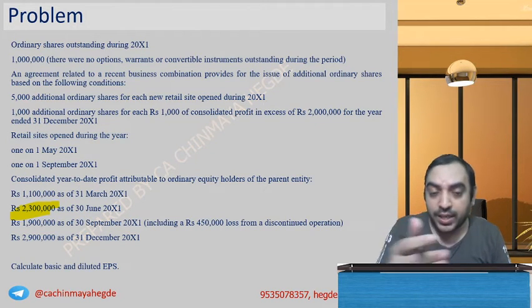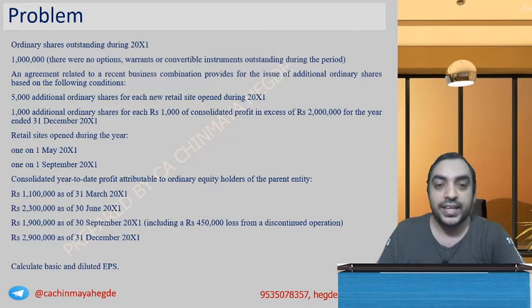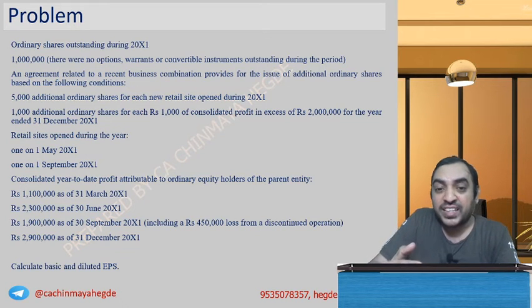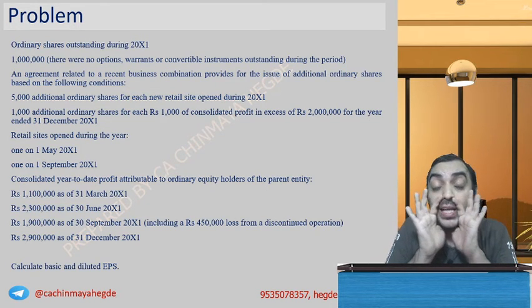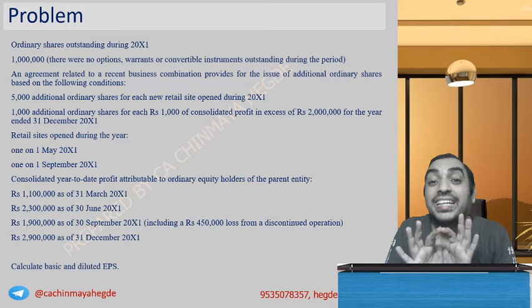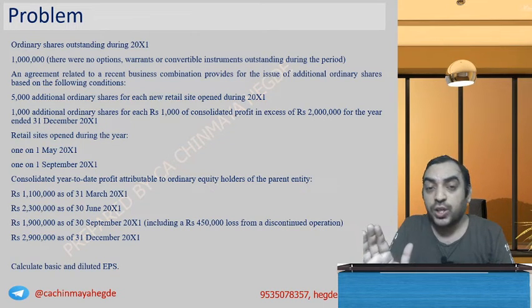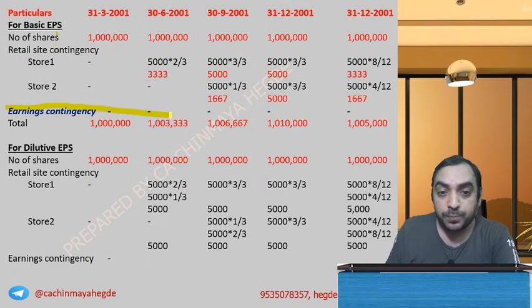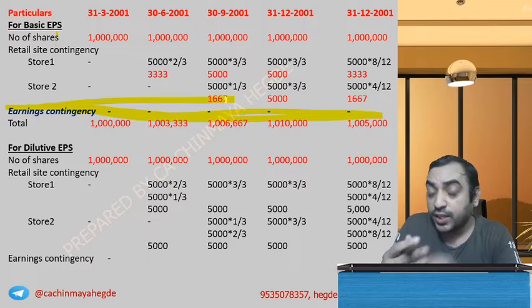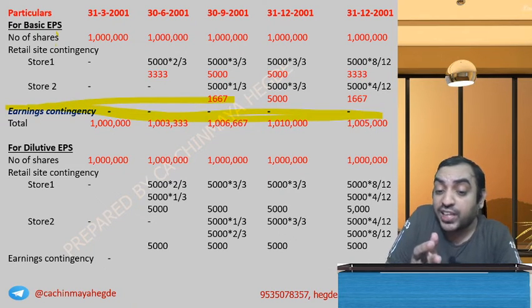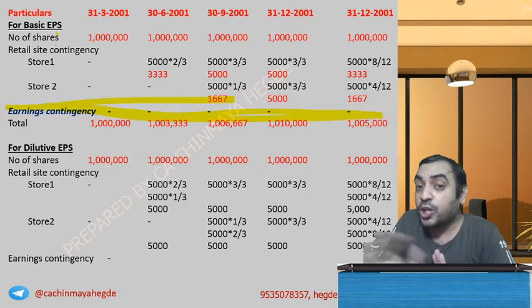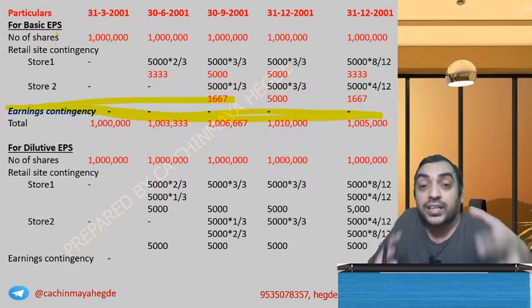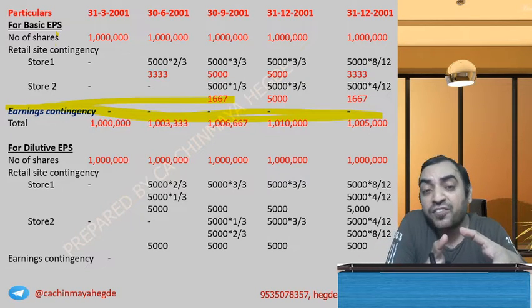Cumulative profit or loss, I am coming to this. Some people are still getting confused. Unless my full year profit is there, the contingency is not completely resolved. Unless it is completely resolved, it cannot come into the basic EPS calculation. During the year, with cumulative profit, it is only issuable at that point in time, but that does not mean shares are issued. Shares are not issued unless the year is complete, because the condition is yearly profit. Half year I have completed, sir.